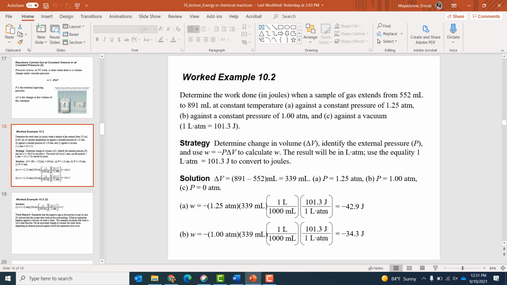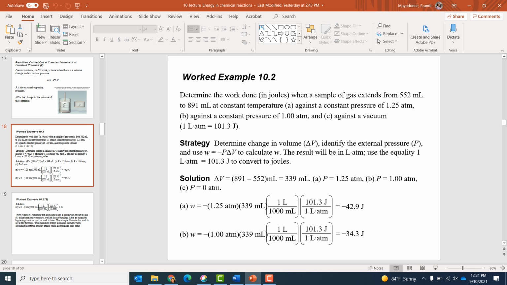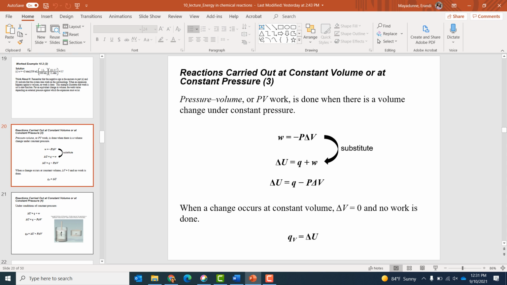So 1 liter atm is 101.3, so you just multiply by this number. That's how you did this question. You always get the change, then the pressure, then convert volume to liters and then liter atm. So that's how you do this question.